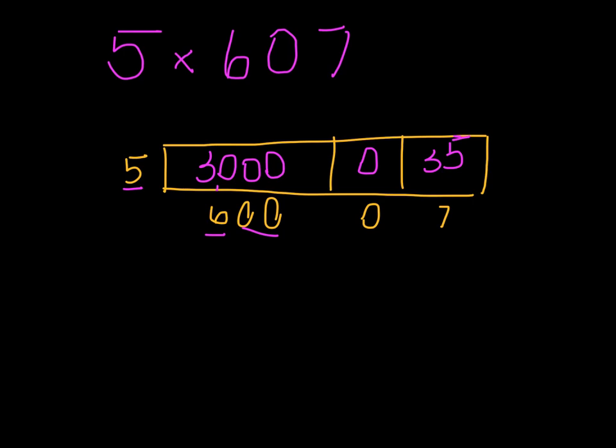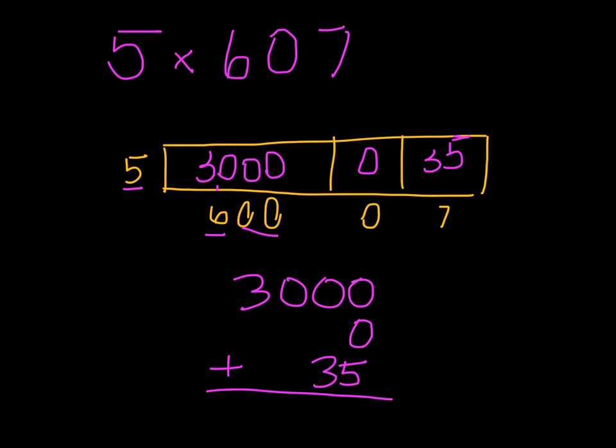Maybe I should just use my finger instead. So then if I add these partial products together, the 3,000 plus the 0 plus the 35, a finger works much better. 0 plus 0 plus 5 is 5. 0 plus 3 is 3. 0 plus nothing is 0. 3 plus nothing is 3. 1, 2, 3, comma me.